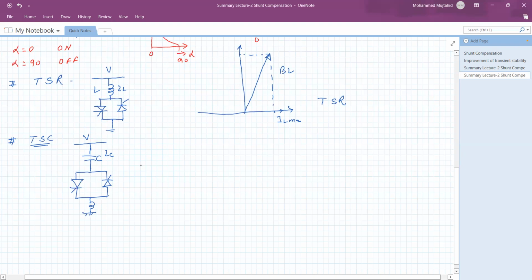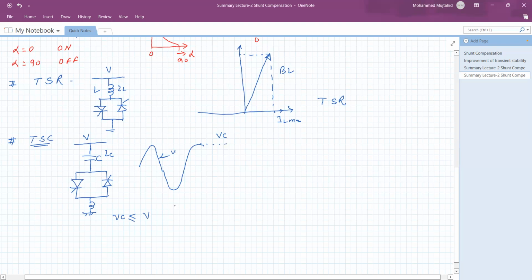For example, this is the voltage across the capacitor, and it is switched off over this one. This is the voltage V, and this is the charged capacitor voltage VC, which may be equal to or smaller than the supply voltage.